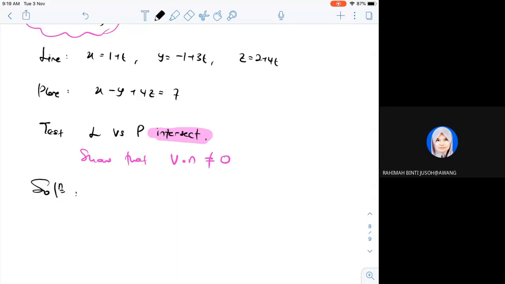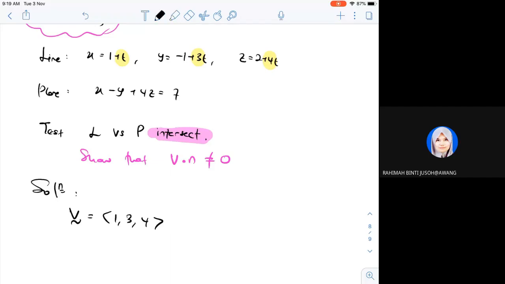Okay, find the v, parallel vector of the line. Give me the parallel vector. 1, 3, 4. Well done. Okay, well done. Good, very good. This is the parallel vector. 1, 3, and 4.